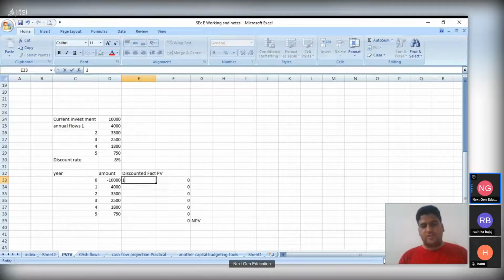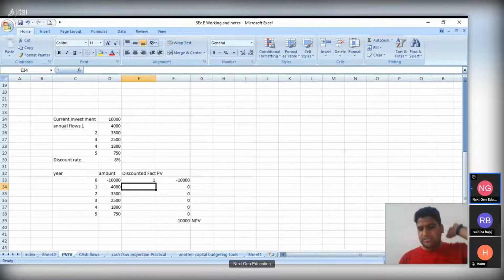So year zero is always one. The discount factor for year zero is always one, never five. Now after year one, 0.926. Year two, 0.857. We are talking about 8%, right?